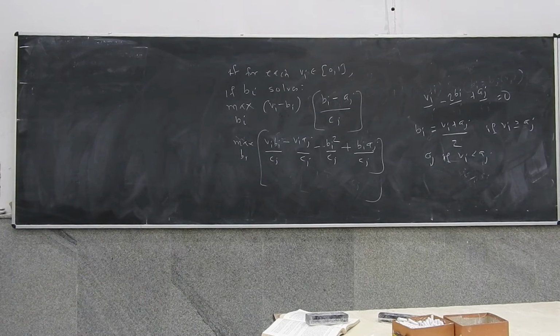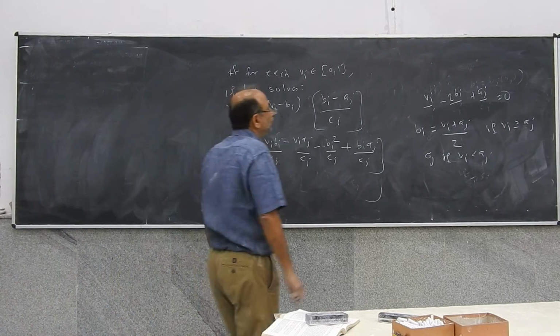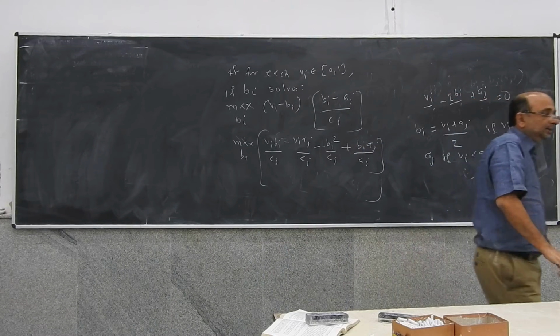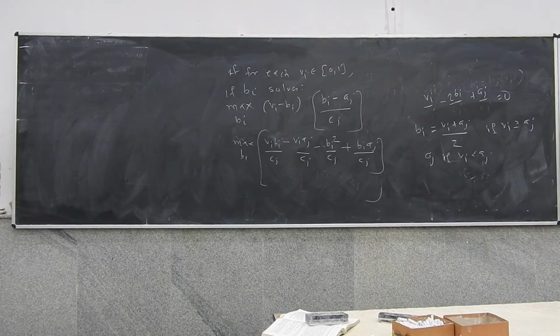Can you see the point why? That's something I leave you to think about. If Vi is less than Aj, then you just bid Aj. Because what is Vi? Vi is your valuation.